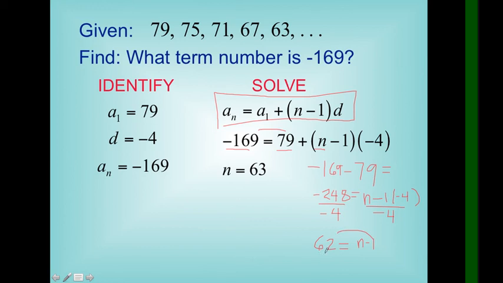So 62 plus 1 is 63. And then what is left is n. So we have n equals 63. This means the term number of negative 169 is 63. The 63rd number in this sequence is equal to negative 169. Because we have numbers 1, 2, 3, 4, 5, so which is the 63rd? And that's equal to negative 169.